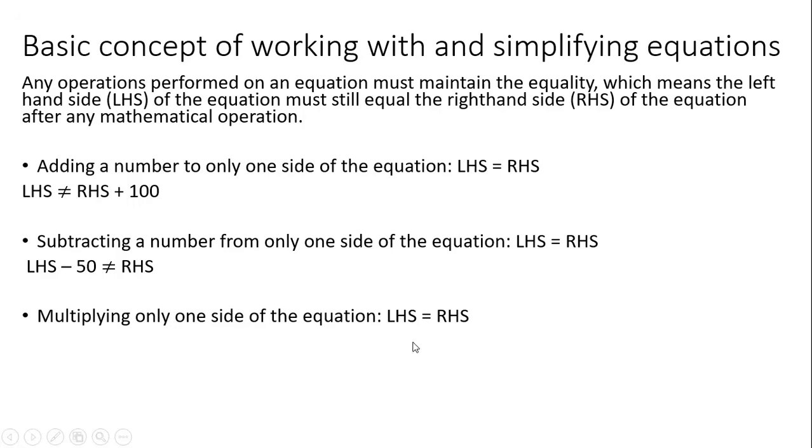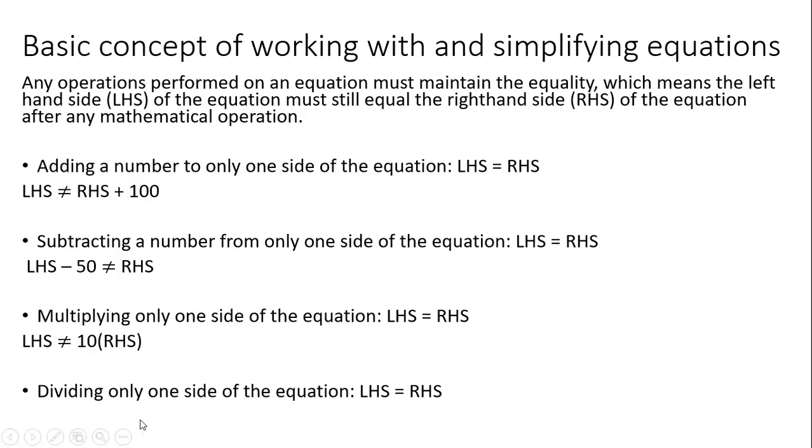Multiplying only one side of the equation will no longer maintain this equality between the left-hand side and the right-hand side. If we were to multiply the right-hand side only by 10, doing nothing to the left-hand side, the equality will not be maintained. Dividing only one side of the equation will also violate maintaining the equality.